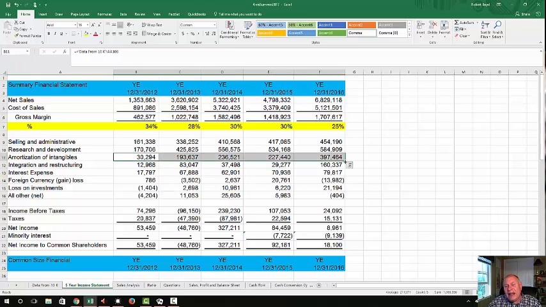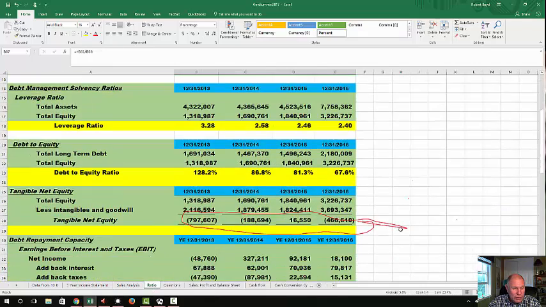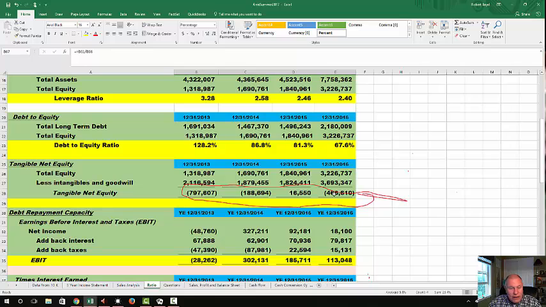That amortization is a big, big number. Okay? They amortize $397, but when I get into my ratio analysis and I'm looking at this 3690, this intangibles, I got to understand what that is.